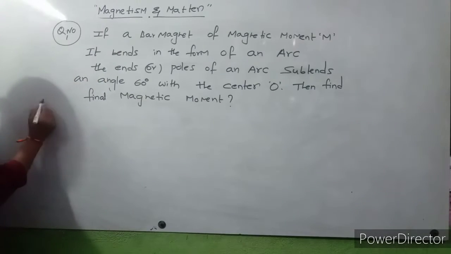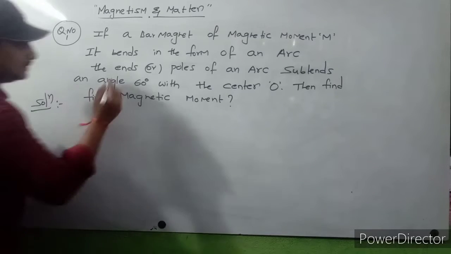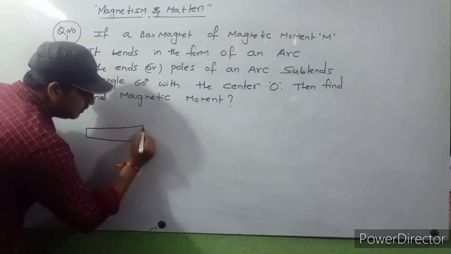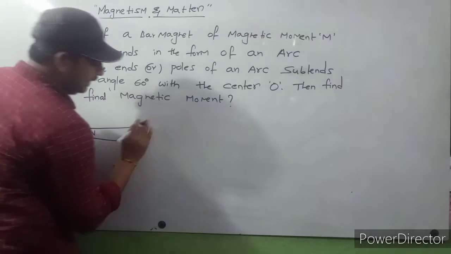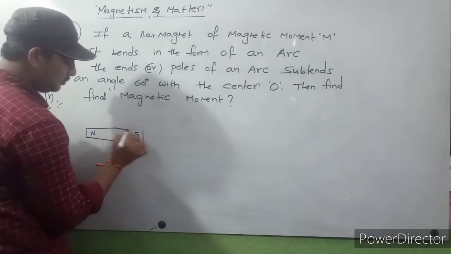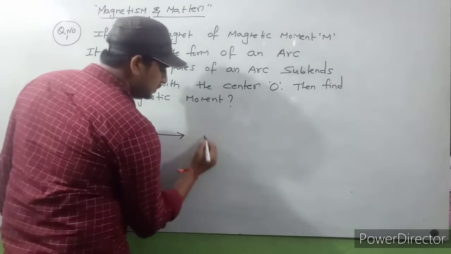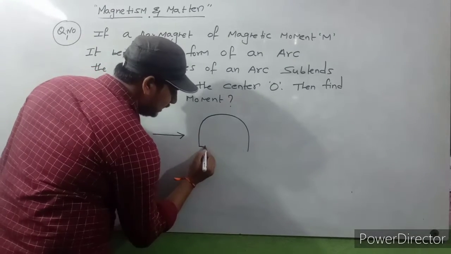So, solution. For example, let us consider a bar magnet. So this is a north pole, this is a south pole. It bends into an arc like this.